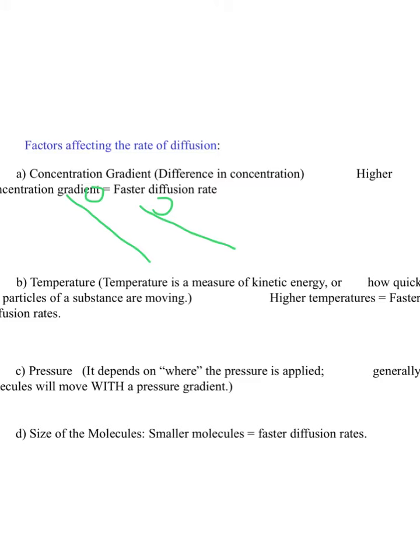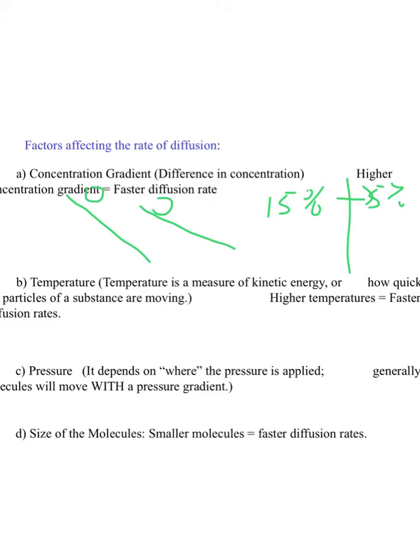So, same thing. If we were looking at a cell that maybe had a concentration of, say 15% dissolved solutes on this side of the membrane versus only 5% dissolved solutes here, we'd still be going from high concentration to low concentration.